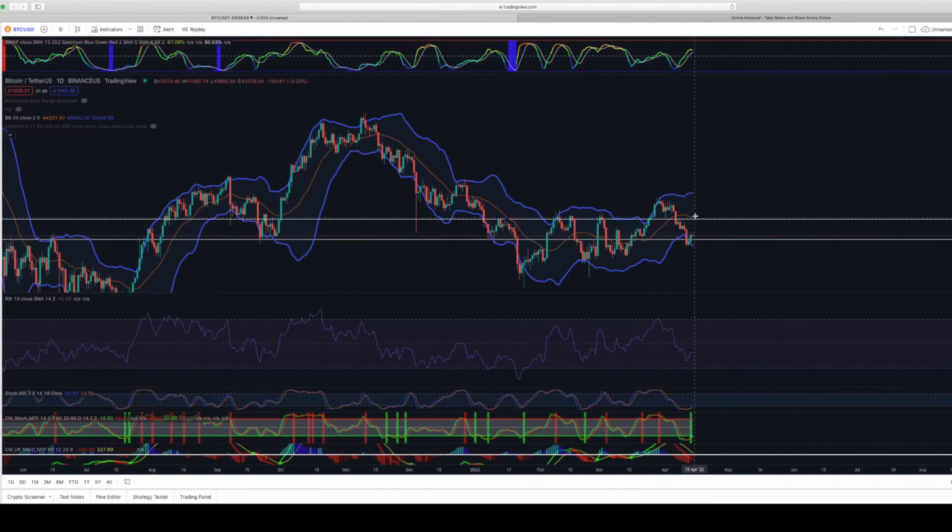Then the price will move back down towards the mean, which is that orange moving average right there, which would be moving back up to probably those moving averages that we were looking at earlier.